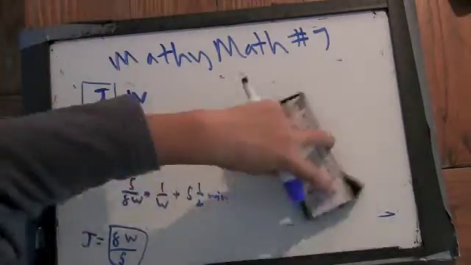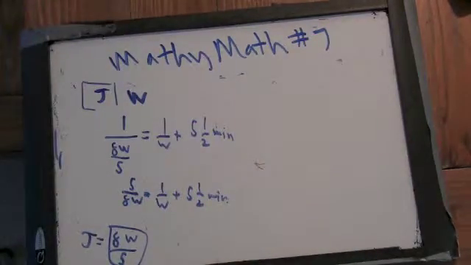I'm going to erase this. Well, what can we do here? Why don't we get the w's on one side?